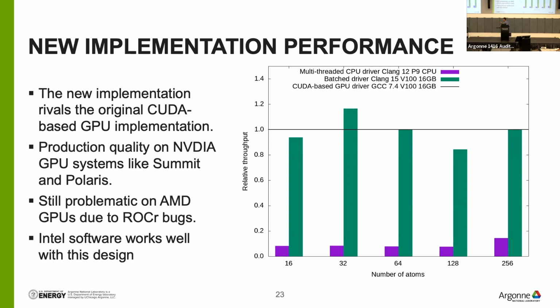So basically now this code has been used in production science on Polaris for more than a year. We have this design, and we realized it on the NVIDIA GPUs with the NVIDIA software stack. We also tried to make it work on AMD.